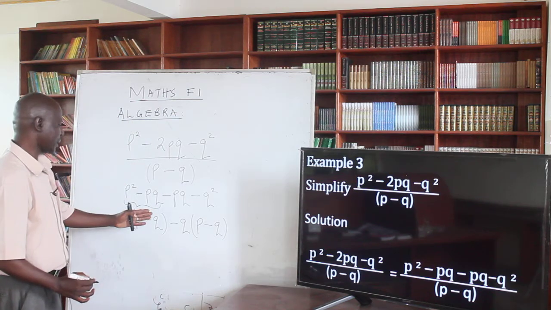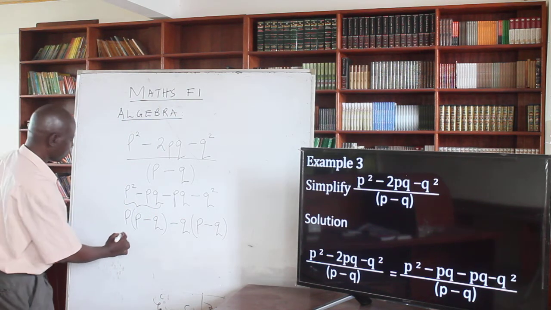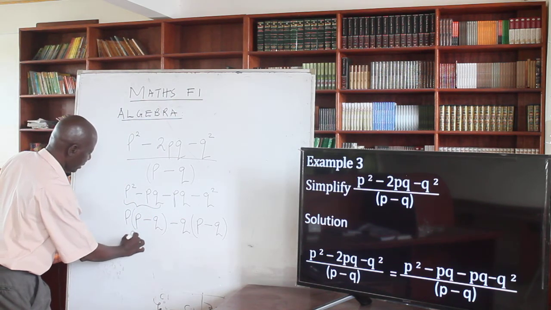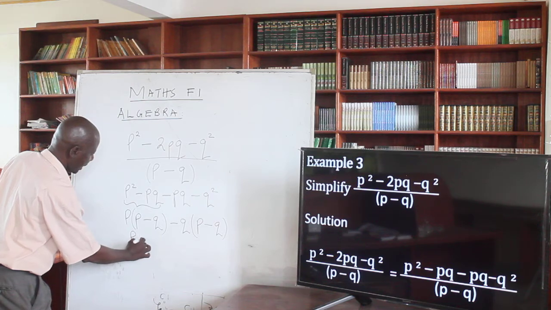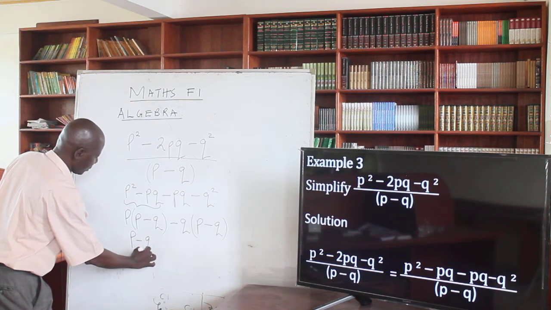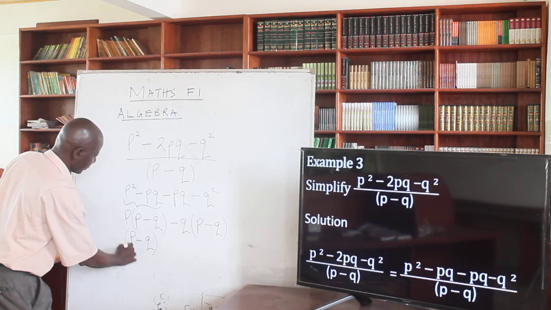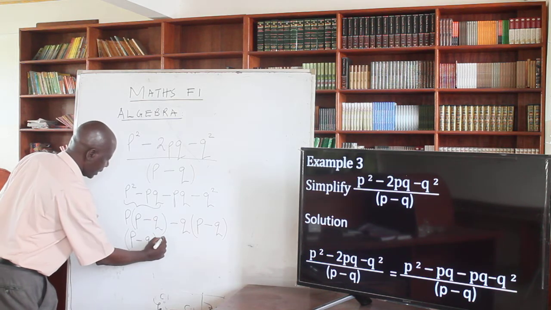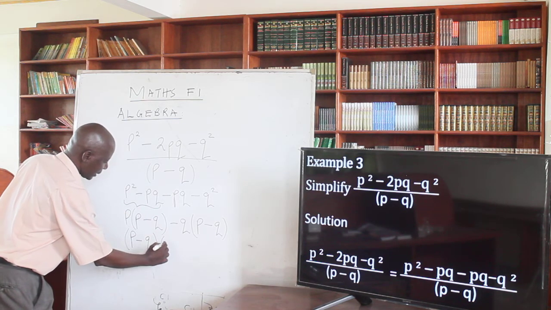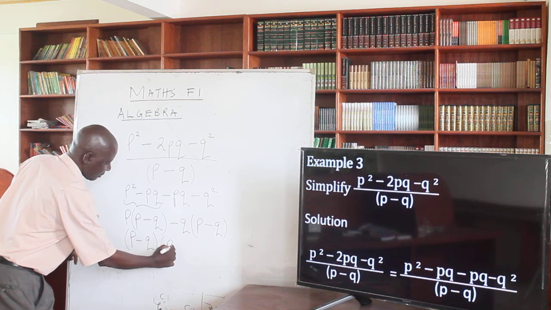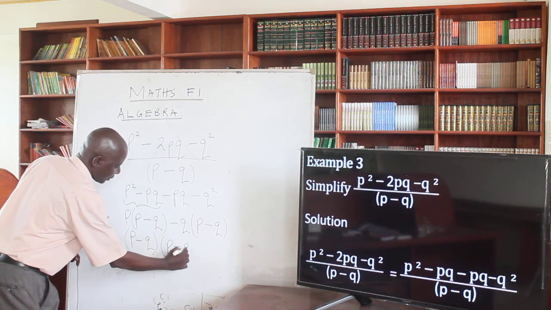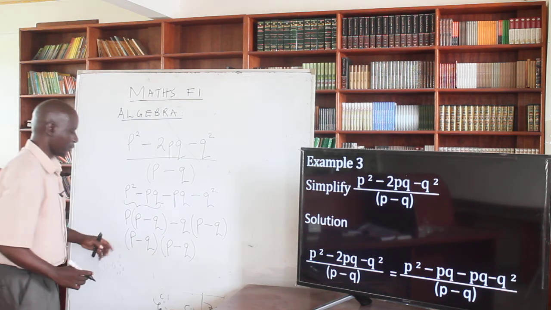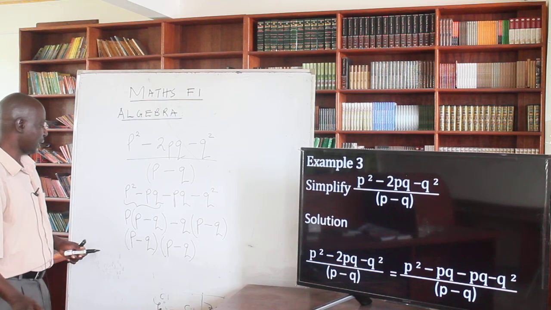So you see that one can further be factorized as P minus Q. P minus Q is common on both. Then inside the bracket you have P in the first term minus Q in the second term. So that has been factorized by grouping.